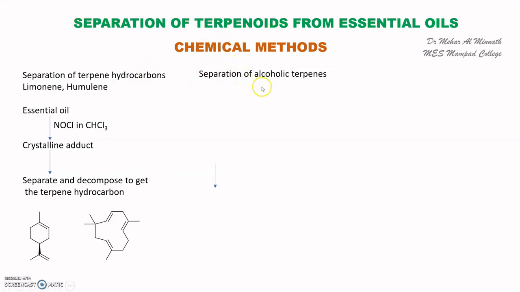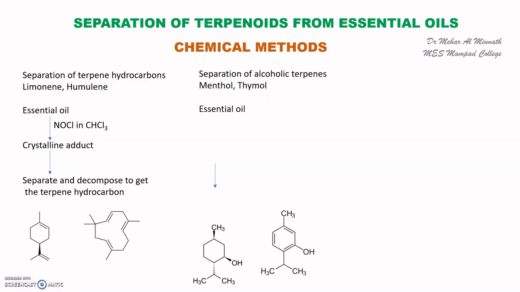in essential oils, what you can do is, like terpenoids like menthol, thymol. This is menthol, this hexanol structure, and thymol. Such terpenoids which have got oxygen in them, an alcoholic group in them. For that, you take the essential oil and treat it with acetic anhydride.